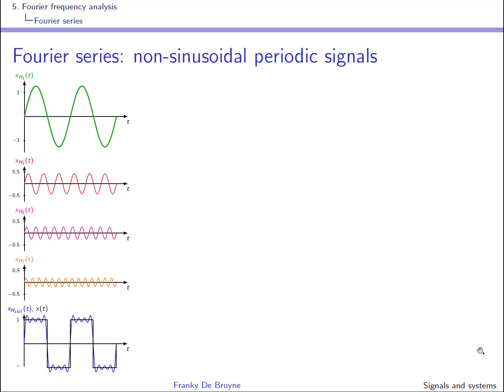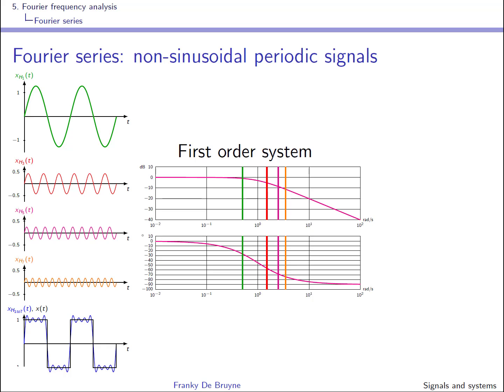So here's the Bode diagram of a first order system, and what I've done over here is indicated with these vertical lines the frequencies that are corresponding in green to the fundamental component, and the frequencies that are associated with the harmonic components, in red the third harmonic components, and then in purple and orange the fifth and seventh harmonic components.